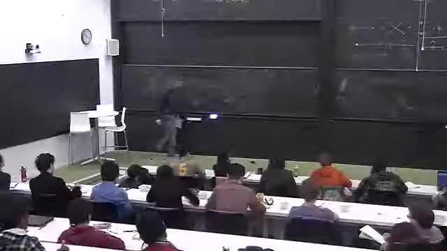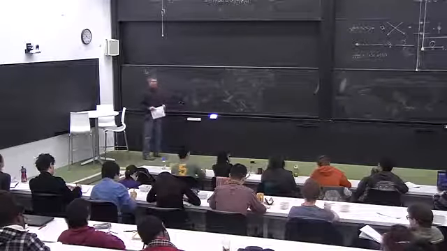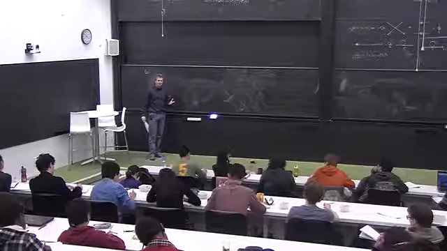So let's do an example to see how it all works. As an example, let's consider a second order correction to the propagator.